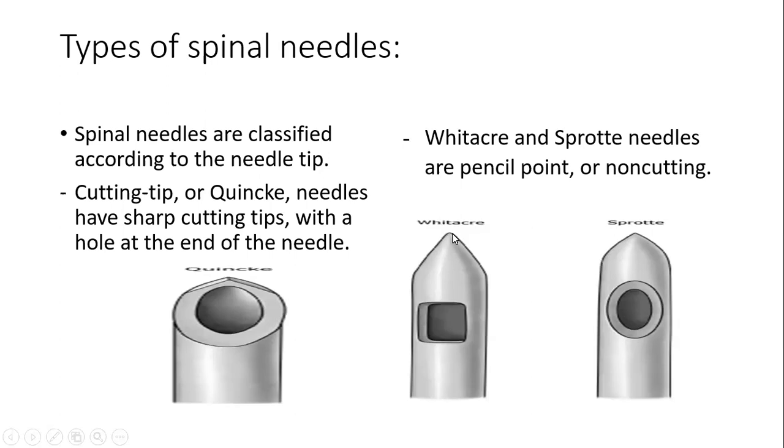Examples are the Whitacre, you can see here, or the Sprotte needles. They have a hole by the side, not at the end. For the cutting tip Quincke needle, the hole is at the end, while for the pencil point or non-cutting needles, the Whitacre and the Sprotte, they are at the side. You can see it here.